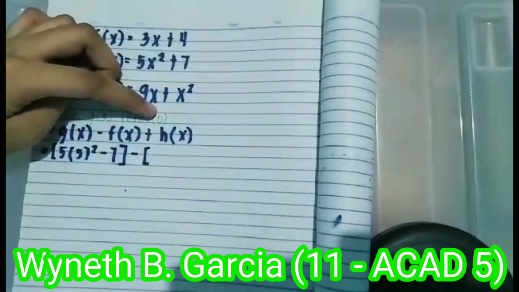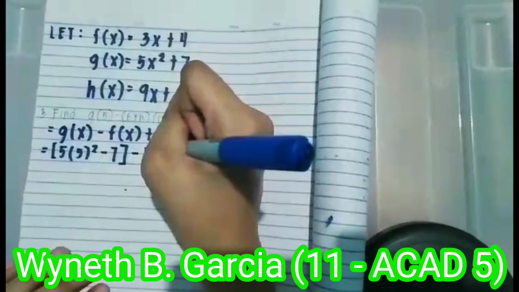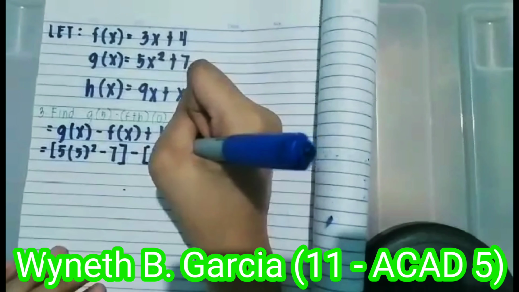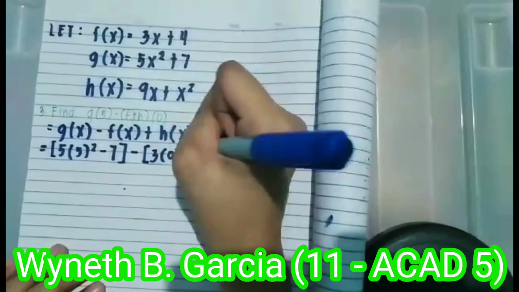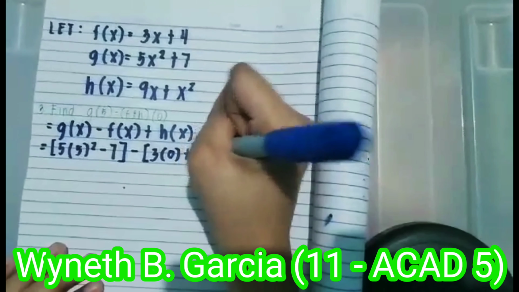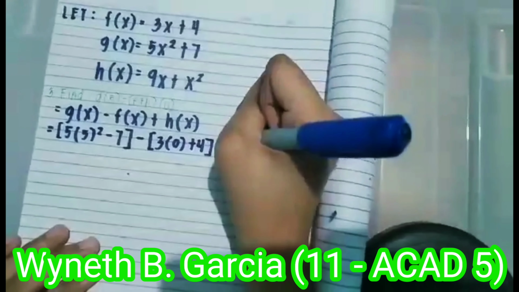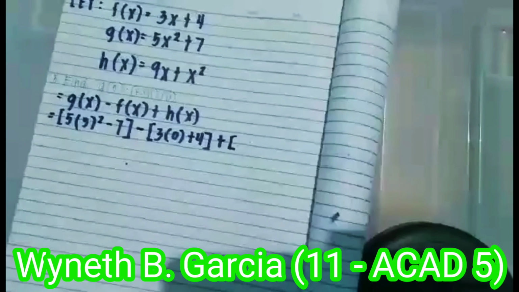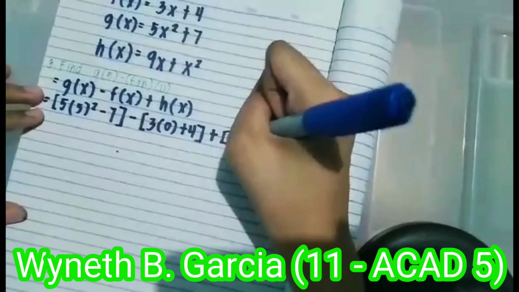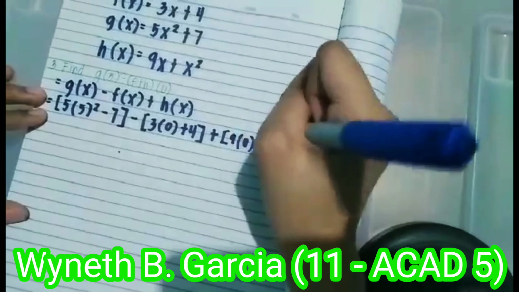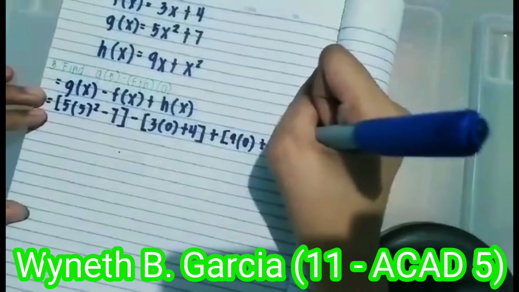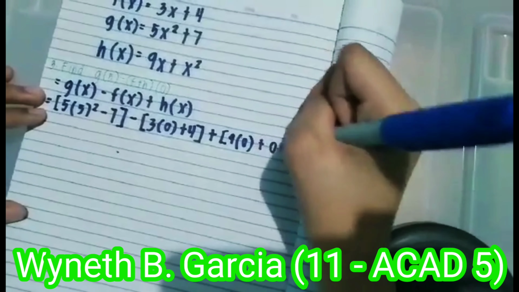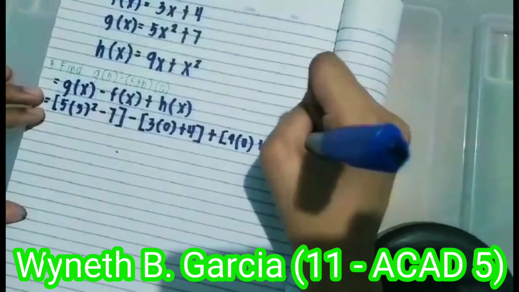Now let 0 be the value of x. So 3 multiplied by 0 plus 4, then plus. So again, let 0 be the value of x. So 9 times 0 plus, let 0 be the value of x to the second power.